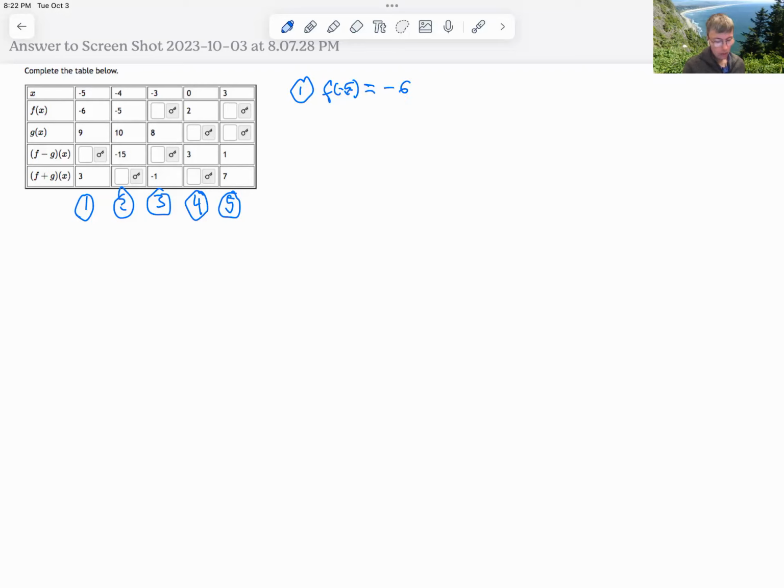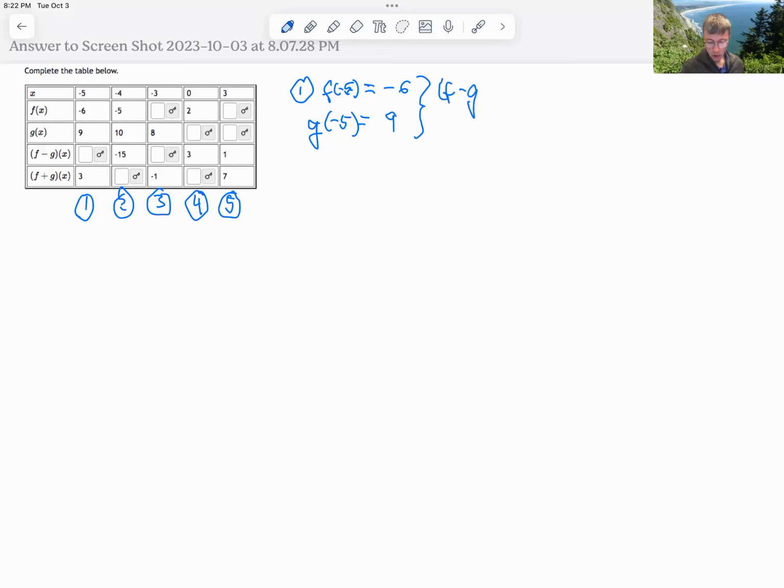And then we are given g of -5, and that is 9. So now we are asked to find f minus g of x. From here, we can find that f minus g.